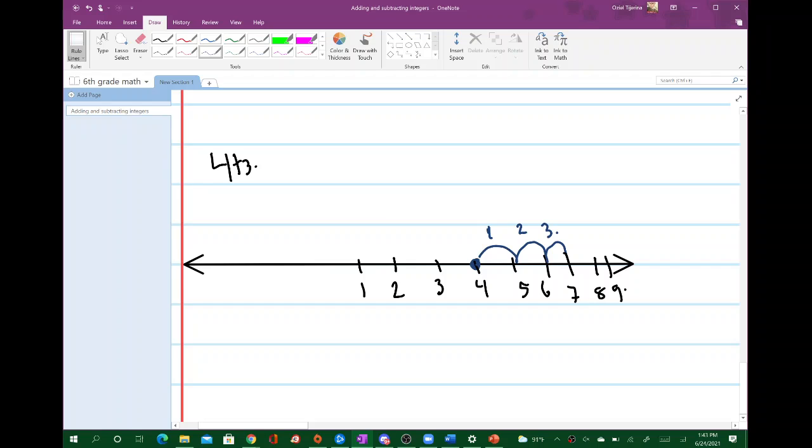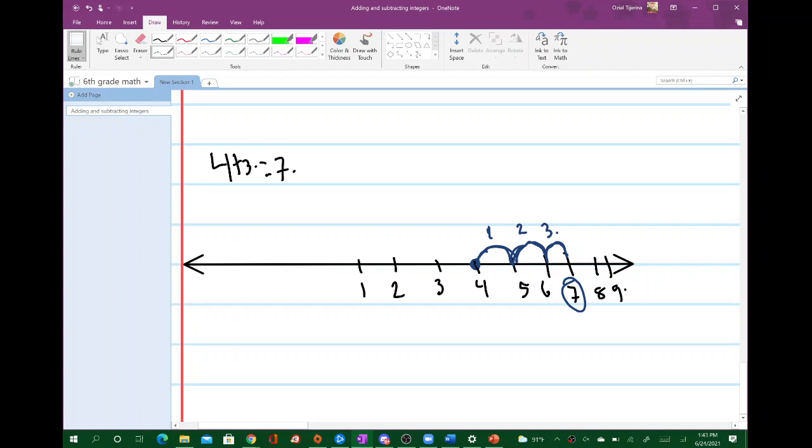So how many units did I go to get to 7? I went 3, right? Or where did I end up when I went across 3? I ended up at 7. So that's why 4 plus 3 is 7.